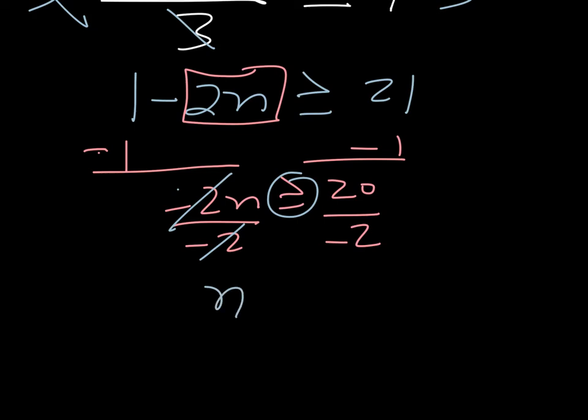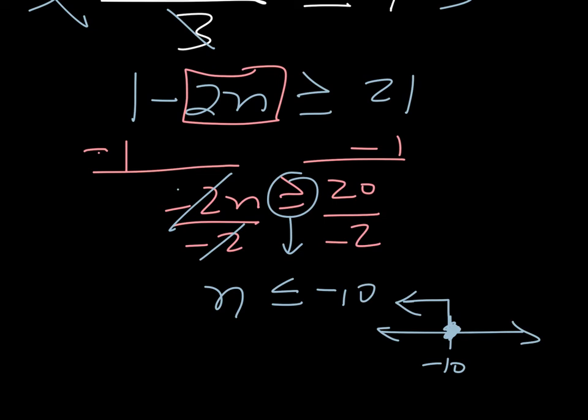N, flip the sign here, and you get less than or equal to, and 20 divided by negative 2 is negative 10. And if you draw your little number line, there's negative 10, and we want the numbers that are less than or equal to. So here's the equal to, that's the solid part, and less than is to the left.